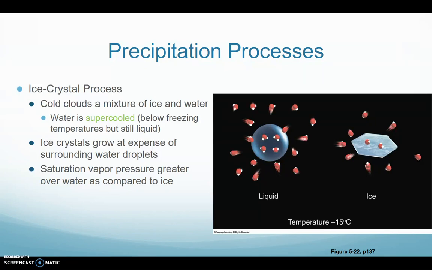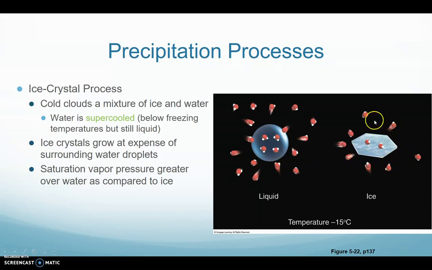Now, the key is that the saturation vapor pressure around water tends to be higher than around ice crystals, which means you can have more water vapor hanging around a liquid water droplet.